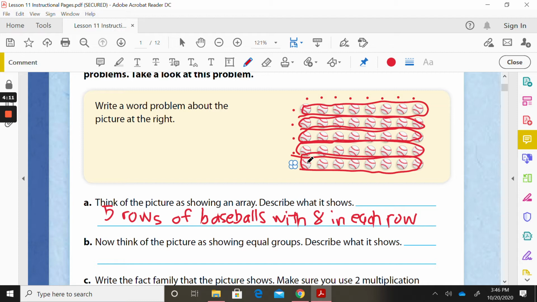So I can describe that I have now made 5 groups with 8 baseballs in each group.